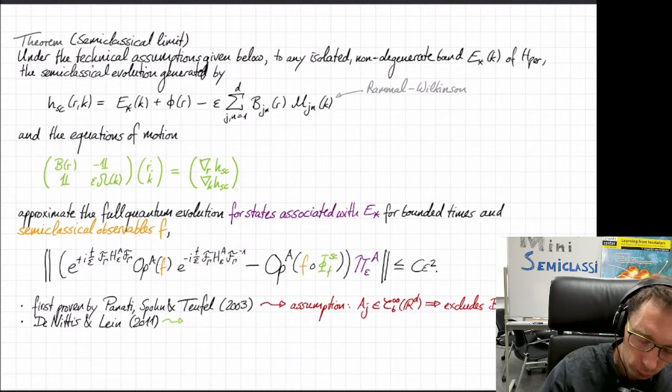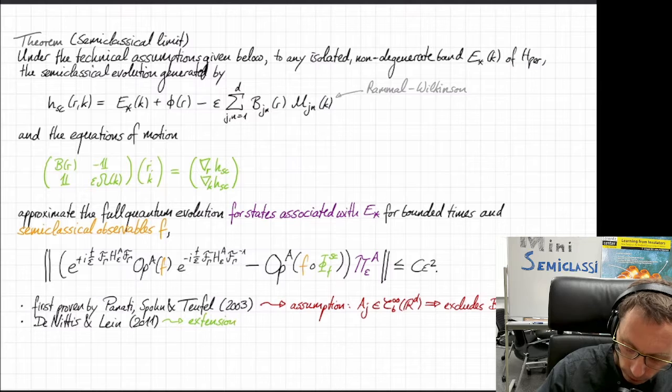Of course, it's not just constant magnetic fields. Here the magnetic field has to be smooth, bounded and have bounded derivatives. And this includes, in particular, the case where B is constant.